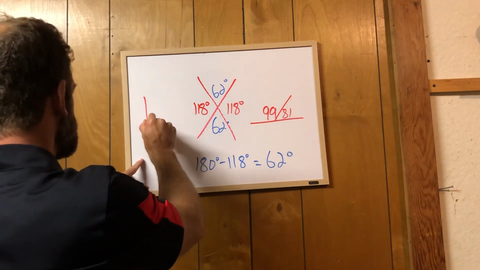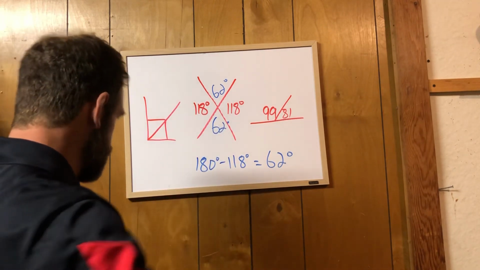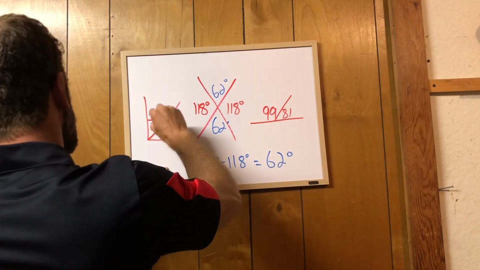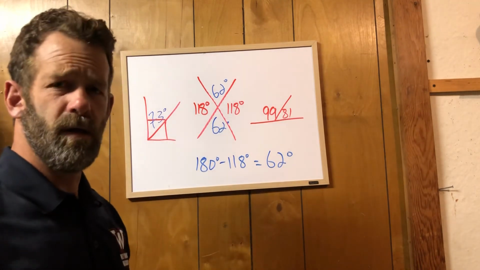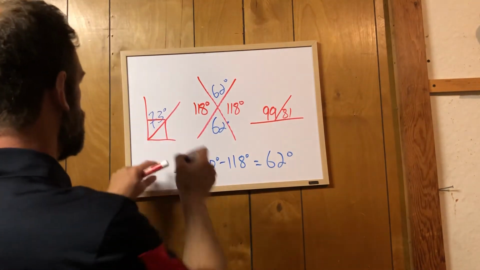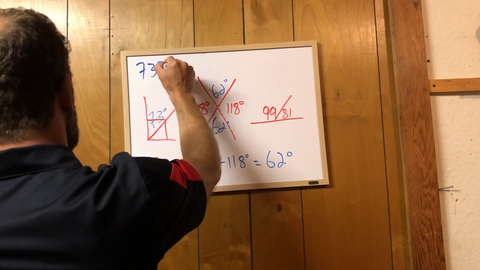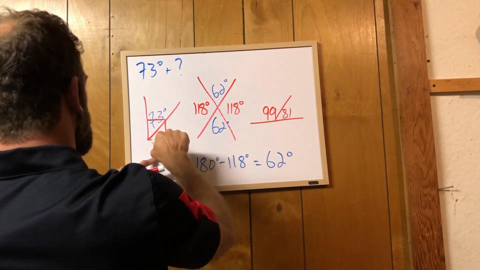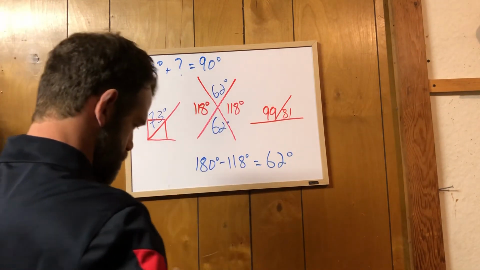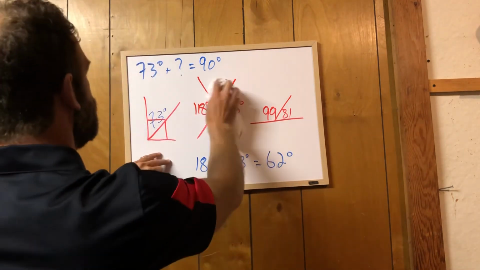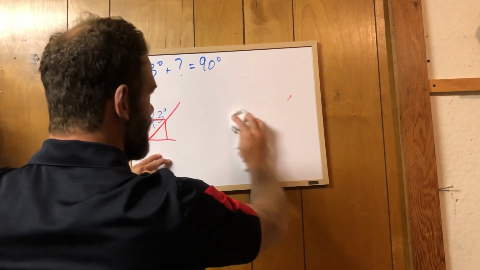I tell you that it's 90 degrees because I give you that box, and I also tell you if this is 73 degrees, what is this remaining angle? Based off of what you know, these 2 angles, 73 degrees plus some angle, equal 90 degrees. How do we find out what that angle is? Just basic isolating.